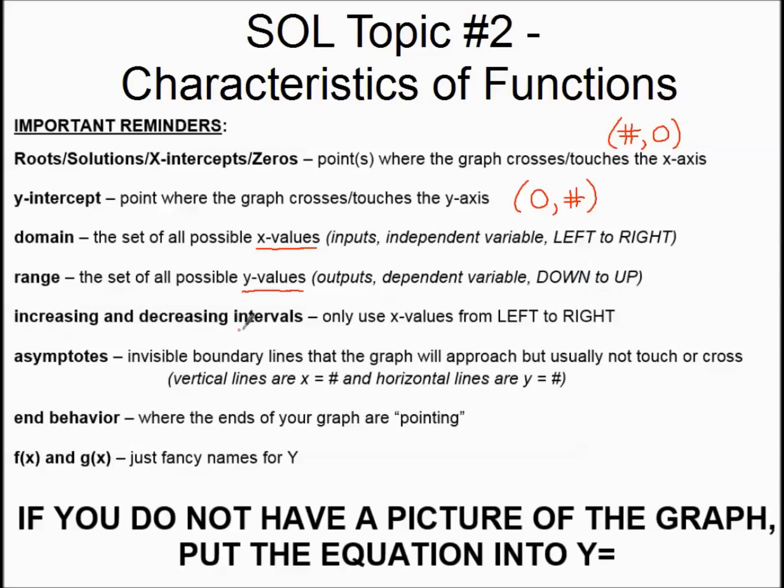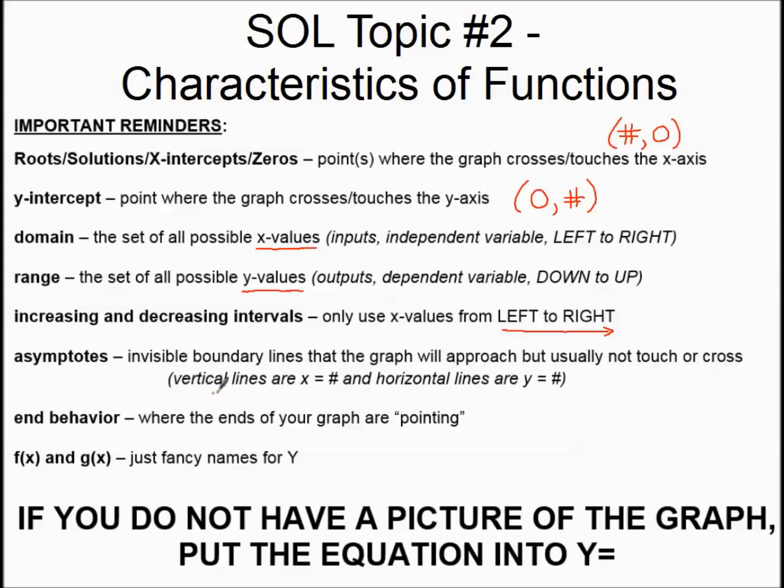Increasing and decreasing intervals, remember that we only use x values and we read the graph from left to right using the x values for increasing and decreasing intervals. Asymptotes, those are invisible boundary lines that the graph will approach but usually not touch or cross.